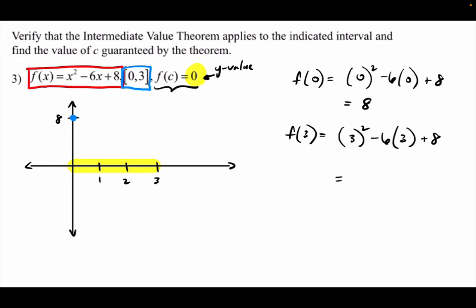The second one, we get 9 minus 18 plus 8. 9 minus 18 is negative 9, plus 8 is negative 1. So it is going to cross. So we know that the intermediate value theorem applies. IVT is going to apply with this guy.